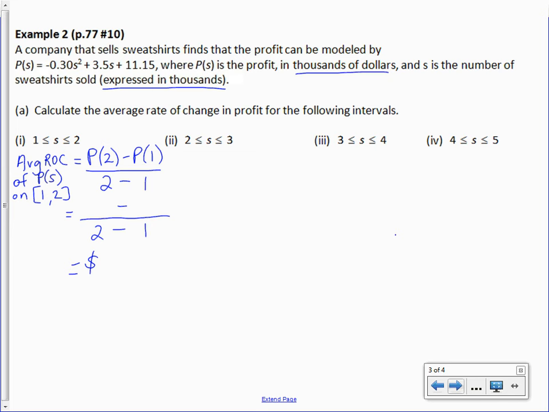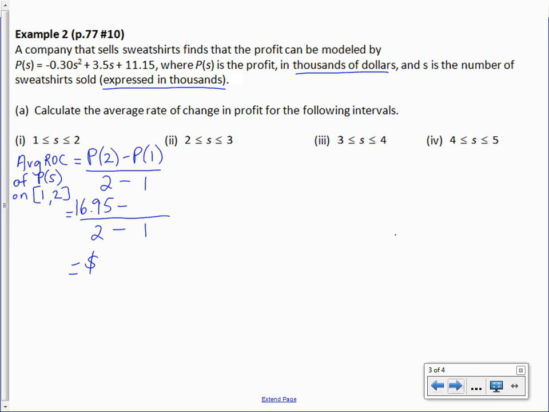As of now, I'm assuming everyone can handle the substitution step, so I don't need to see the 2 squared, the 2's being subbed in with brackets. You just do it on your calculator. So what is it? 16.95. Okay. So what does that mean?